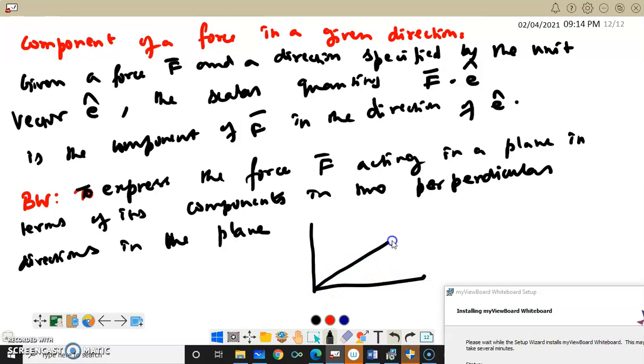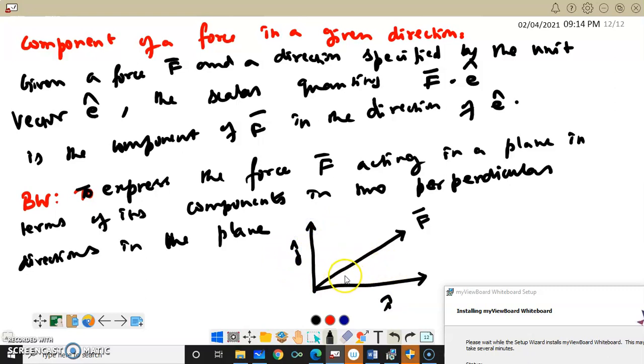This is the force F. This force F is given to us. We want to find the component of F in the two perpendicular directions, that is the I direction and also the J direction.